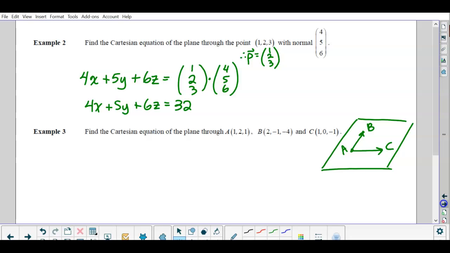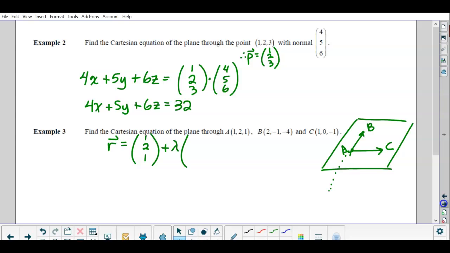Sometimes, even though I'm after the Cartesian, I like to set it up as a vector equation just to see what's happening. You don't have to do this, but I am going to. I can choose any of those points as my position vector. The way I like to think about it is I'm going from the origin up to A and then traveling along these 2 vectors. So I'm going to use A, but again, it doesn't matter.